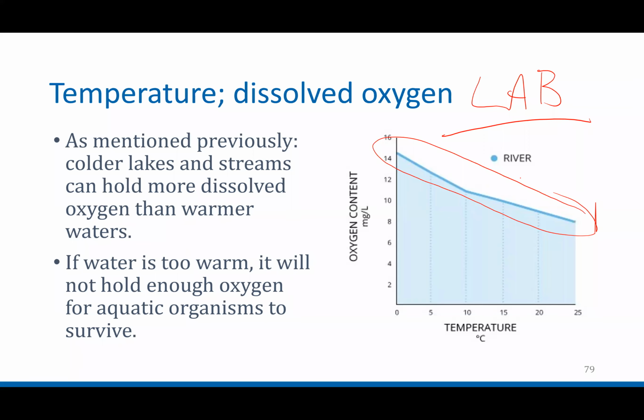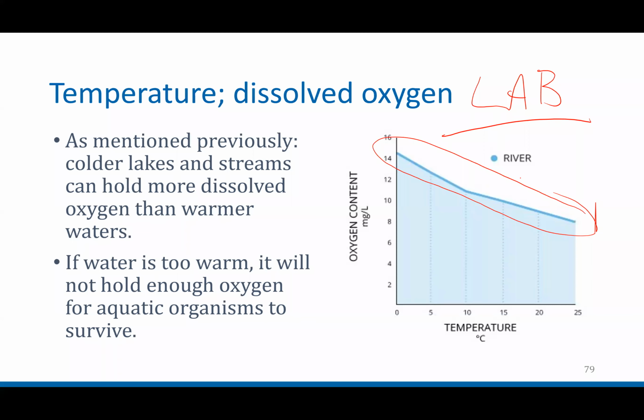As temperature increases, the solubility of gases decreases. The molecules are moving faster. They can leave, turn into the gas phase, leave the water a little more readily as the water gets warmer. The molecules move faster and faster, so they're not as soluble in the water.